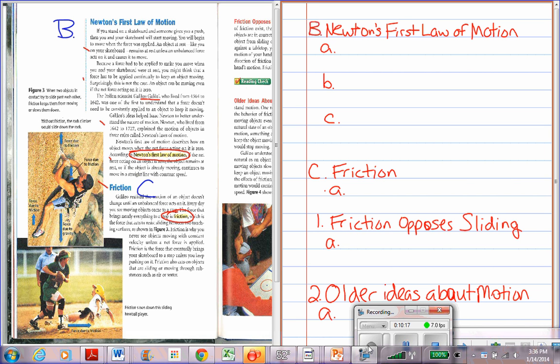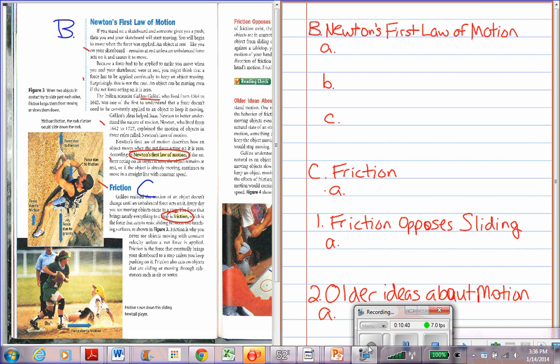Newton's first law of motion describes how an object moves when a net force acting on it is 0. According to Newton's first law, if the net force acting on an object is 0, the object remains at rest, or if it's already moving, continues to move in a straight line with constant speed.